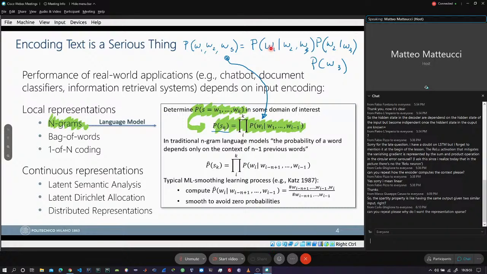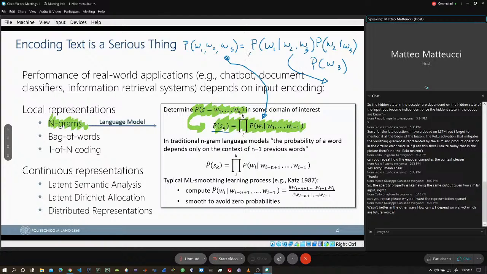And you understand that computing this has an exponential complexity in the number of words. So basically, let's assume for a minute that I have a vocabulary of 10 words.